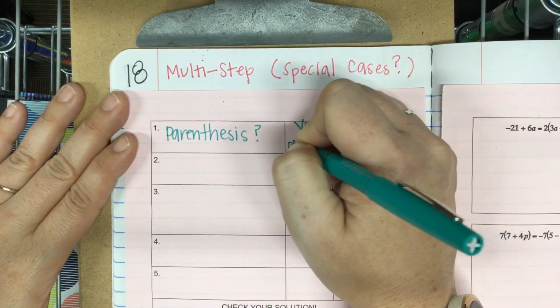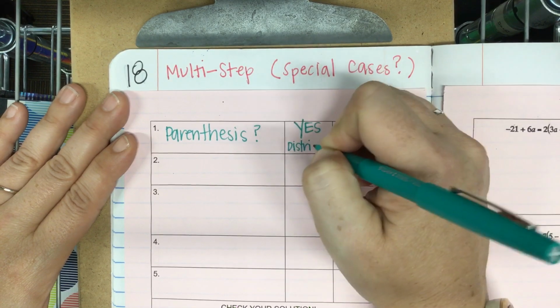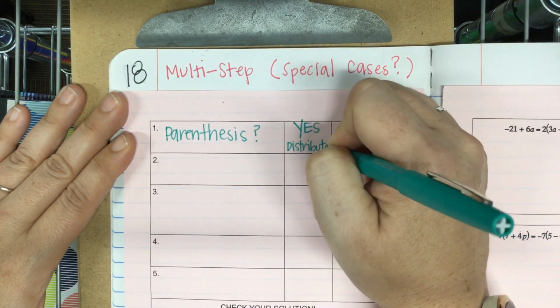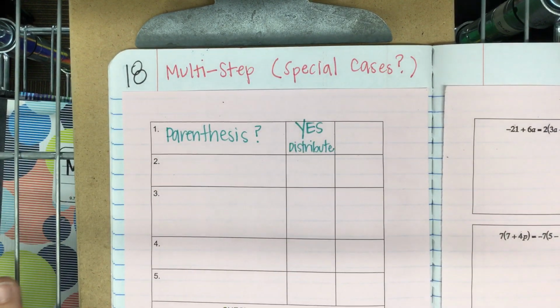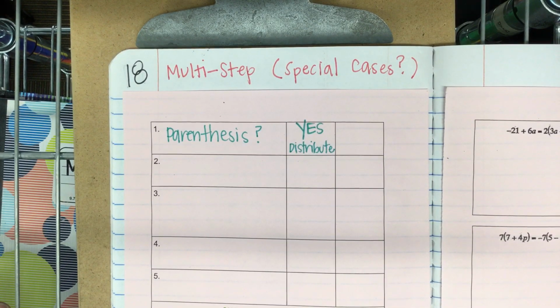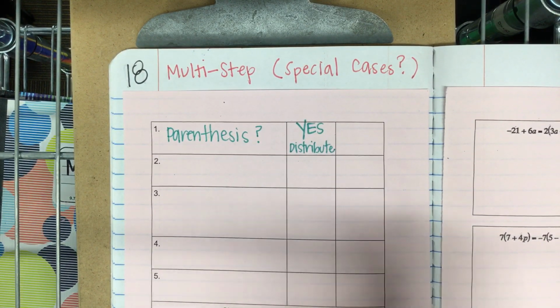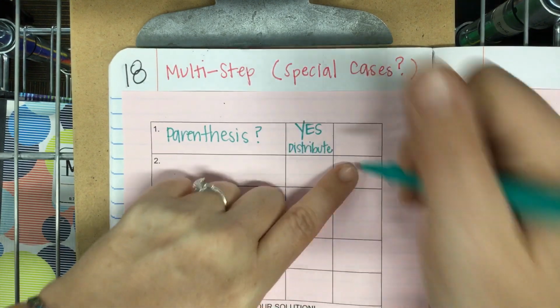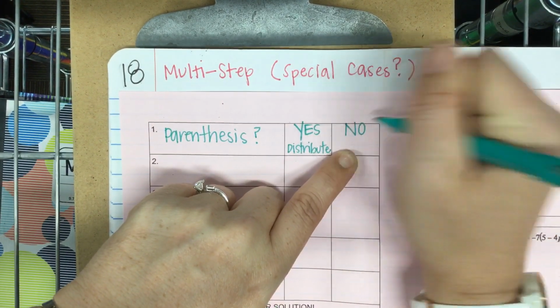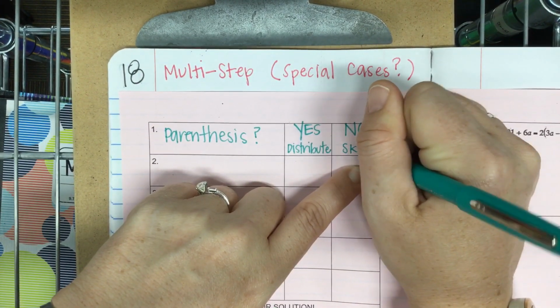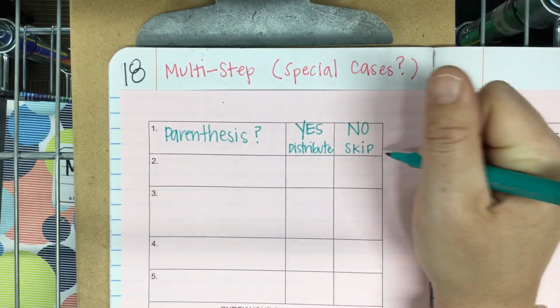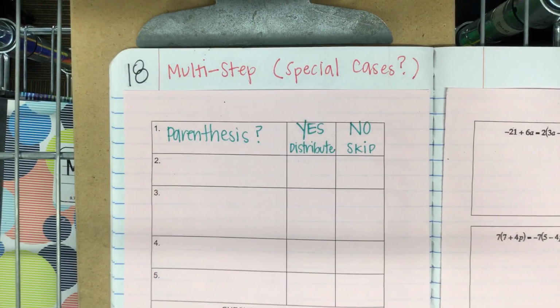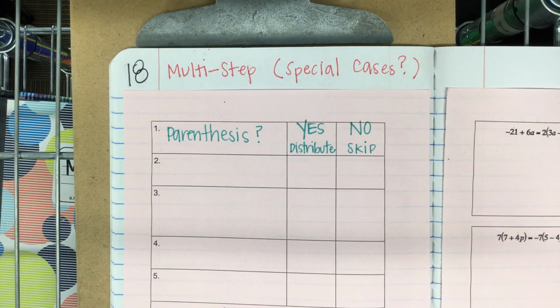Distribute. If the answer is yes, there are parentheses, we're going to distribute. If the answer is no, we skip it, right? We go to number 2.